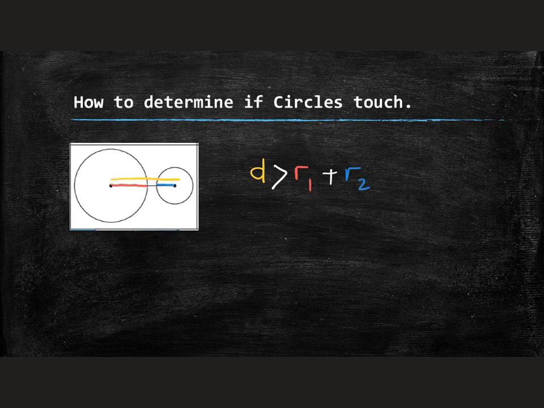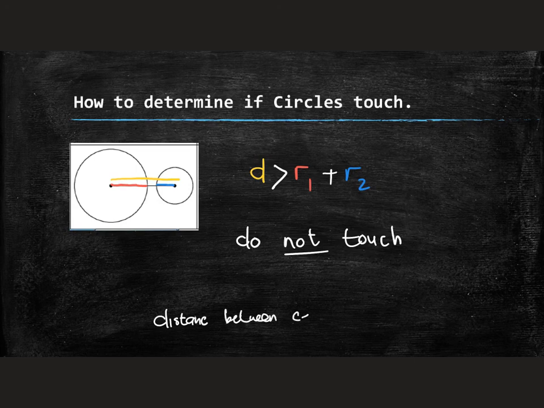If you find a scenario like that, then the circles do not touch. So it's important for you to know these components. Whenever they ask you, do circles touch, we're comparing the distance between the centers and how they compare to the radii of the two circles.